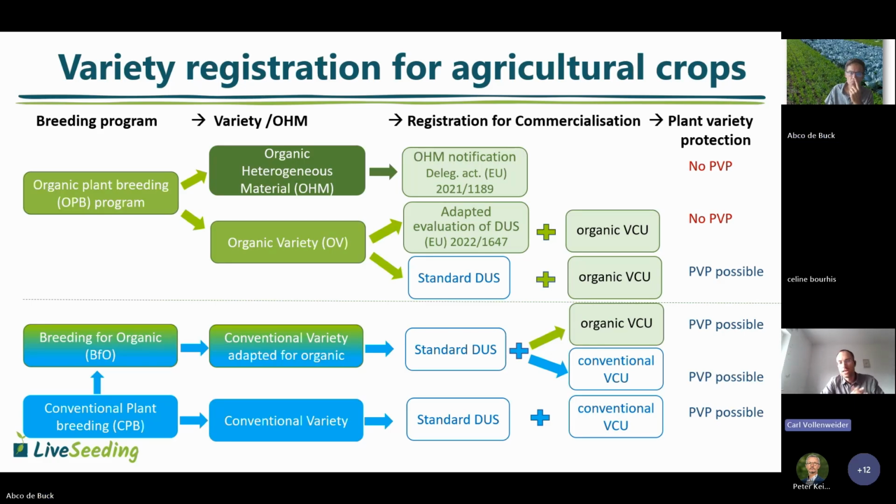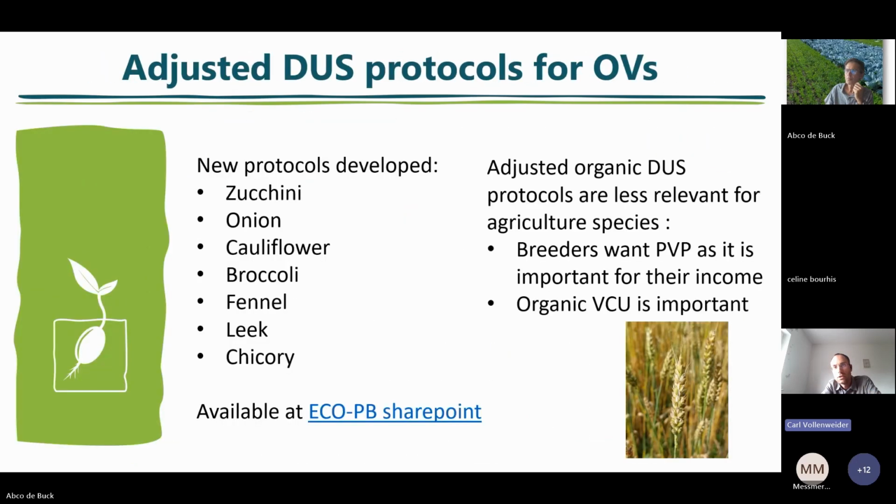I have a general question. If I understand correctly, the adapted protocols are quite specific: you write down the specific traits for which you don't really have to achieve uniformity. The question is because we had this experience in cereals. With barley, one characteristic was an exception and one other was not.